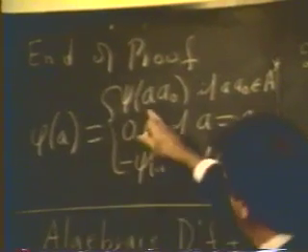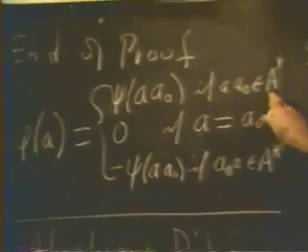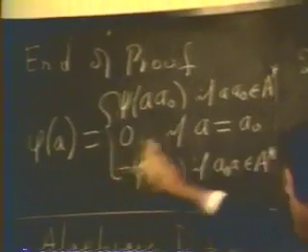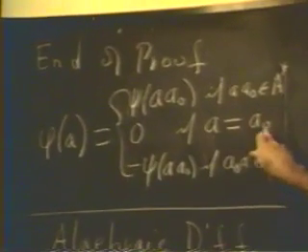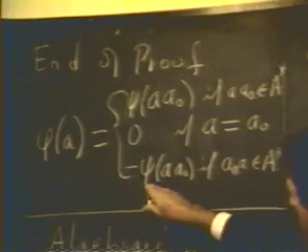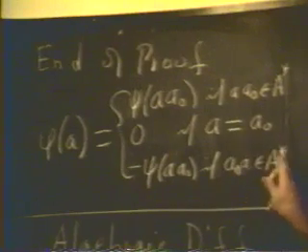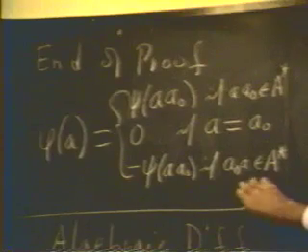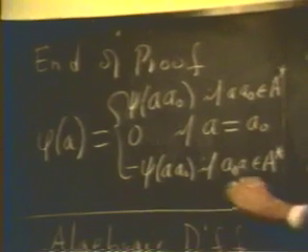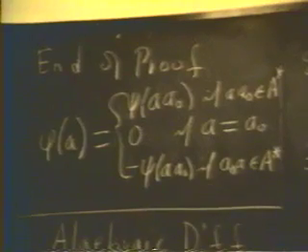So phi of a equals psi of a0a, that is the interval a0 to a, if a0a is positive, that is, a is in A starred. Phi of a is 0 if, of course, a is identical to a0, and phi of a is minus the value of psi of aa0 if aa0 is positive. And then it's straightforward to show, as it's done in detail in the chapter, that phi of a has the expected properties.